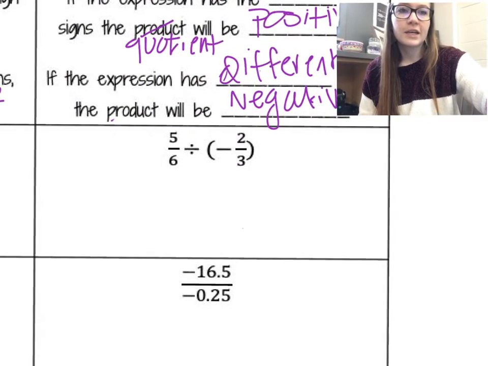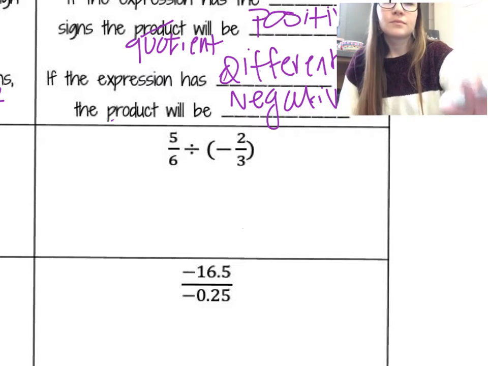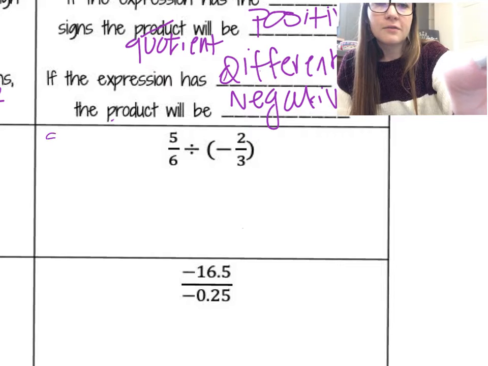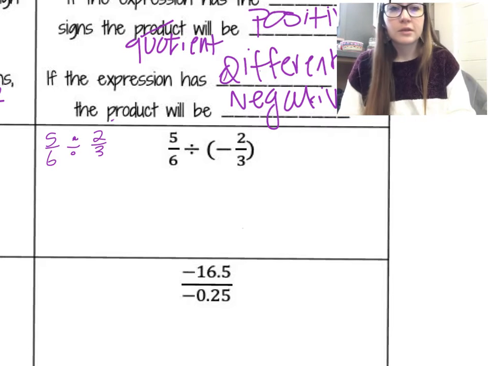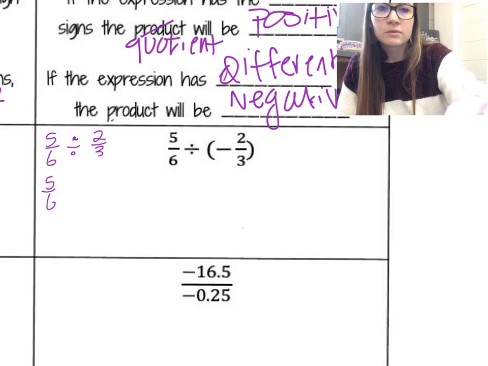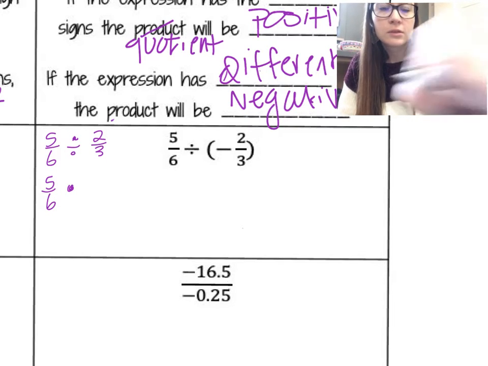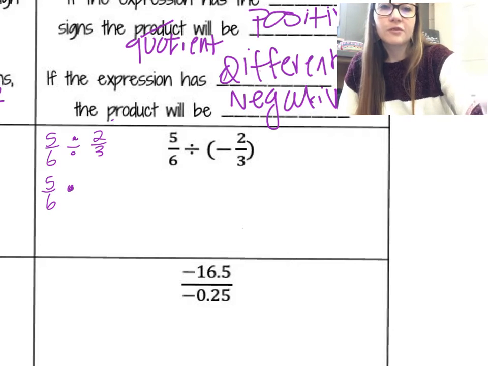All right, 5/6 divided by -2/3. I'm going to start by rewriting 5/6 divided by, we're just going to deal with the numbers, okay? We're going to keep the first fraction, switch division to multiplication, then flip the second fraction, so 3/2.